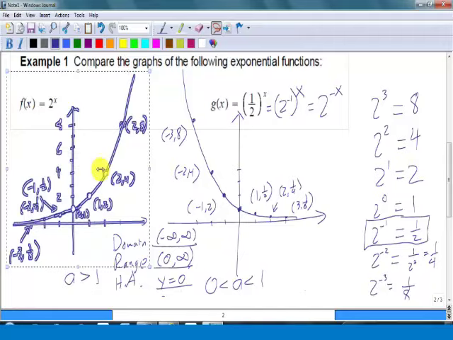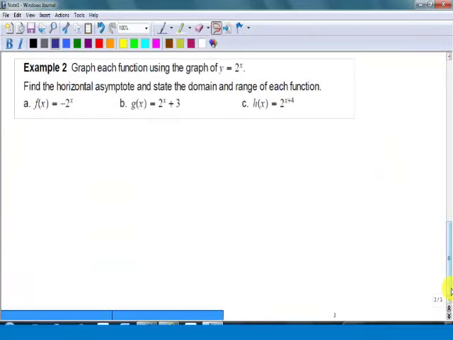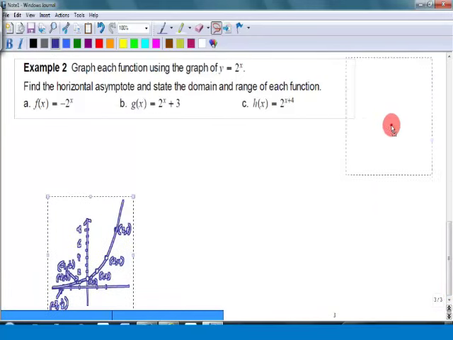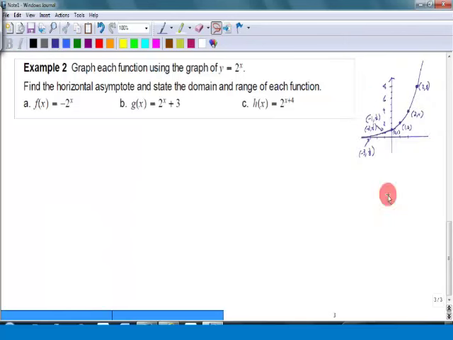Shrink it down. We'll take this graph, put it up here in the corner, and refer to it as we transform that graph to obtain these other graphs. For each one, sketch the graph, and indicate the domain, range, and horizontal asymptote.